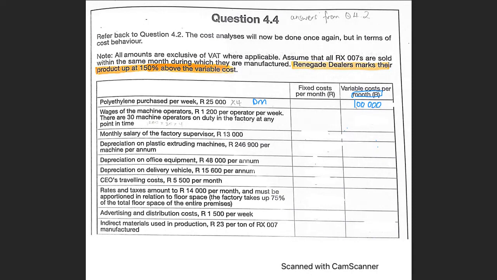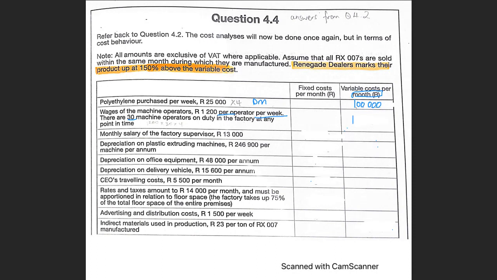Then you have your direct labor in the next question. So this is the wages of the machine operators. They said to you it was 1,200 and it was per operator per week. So you needed to account for the fact that it was per operator and there were 30 operators, and then there were 4 weeks, so you needed to also multiply by 4.